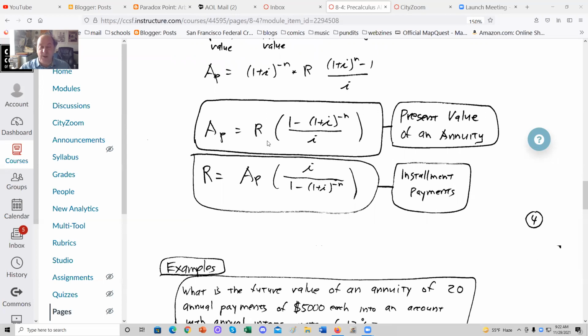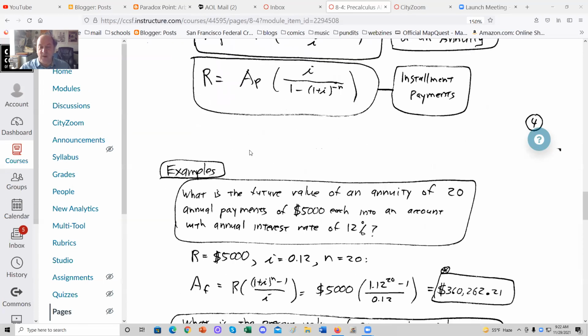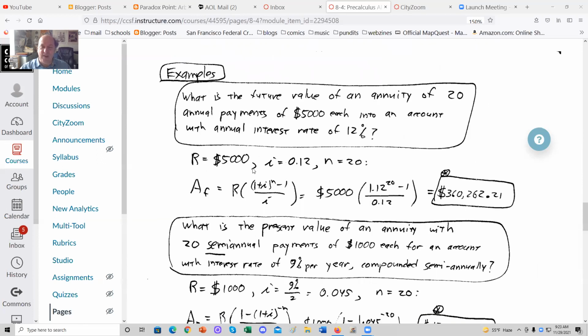This is the formula for present value, and this is the formula for the future value of an annuity. So for example, what is the future value of an annuity of 20 payments, $5,000 each, into an account with an annual interest rate of 12%? I wish I could get those rates. Well, for a mortgage you don't want a high interest rate, but we proceed. The regular payment is 5,000, i equals 0.12, n equals 20.